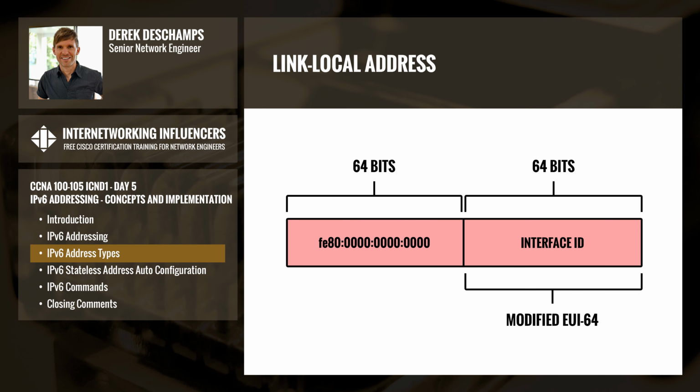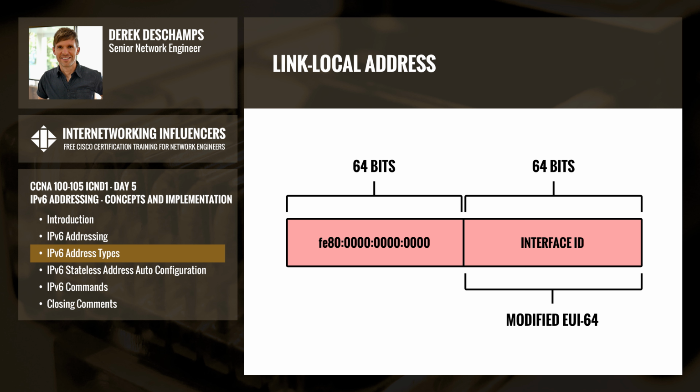The first 64 bits of a link local address always begin with FE80 as the first 4 hexadecimal digits, followed by 3 groups of all zeros. The remaining 64 bits make up the interface ID, which is often generated automatically, however, can be configured manually.